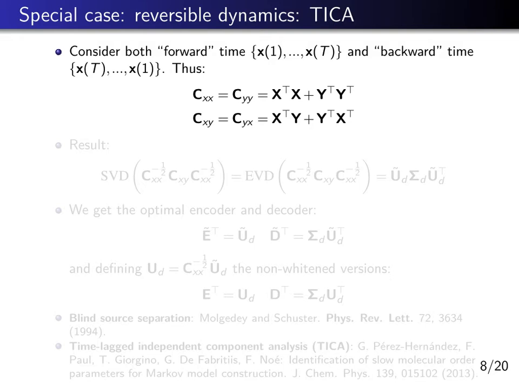Now, if we use this covariance estimator and we insert it into the result of the previous slide, so we compute time-lagged canonical covariance analysis with this definition of covariance matrices, then we get the following. The optimal low-rank decomposition of the transition matrix, which is still Cxx to the 1/2 times Cxy times Cxx to the minus 1/2, which is equal to Cyy to the minus 1/2.